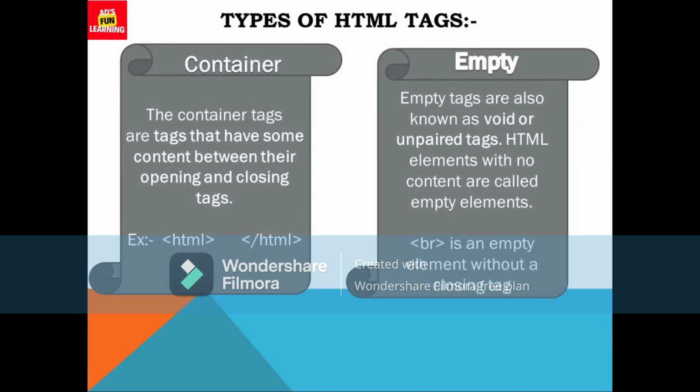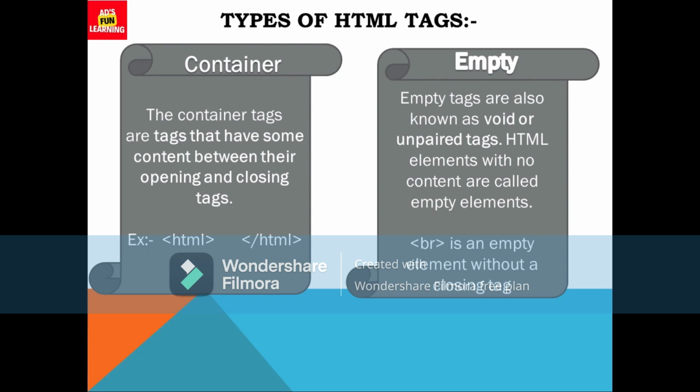Coming to the next, types of HTML tag. Now I have mentioned that HTML requires some tags to write the code. So there are two types of tags. One is the container tag and the second one is the empty tag. What is a container tag?